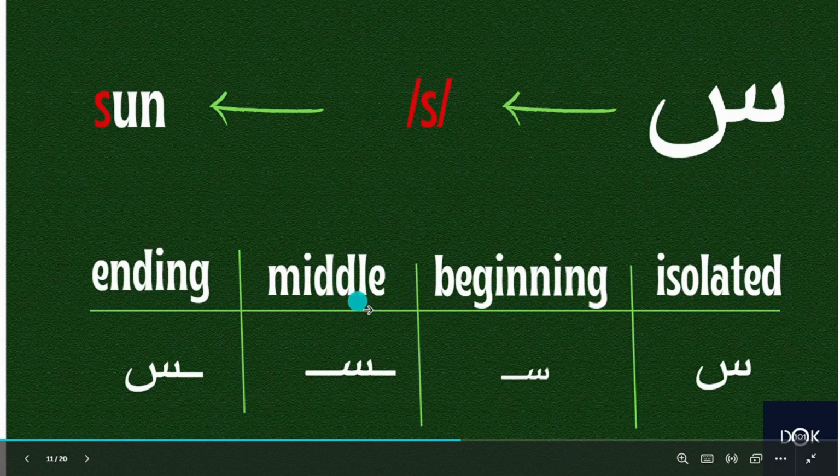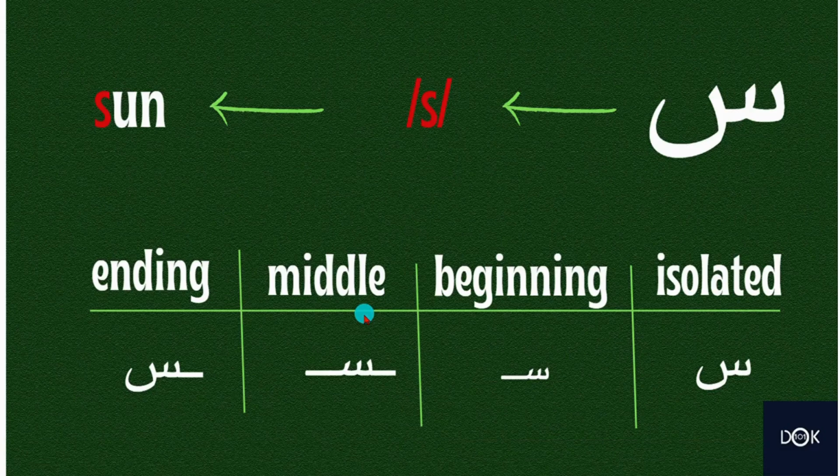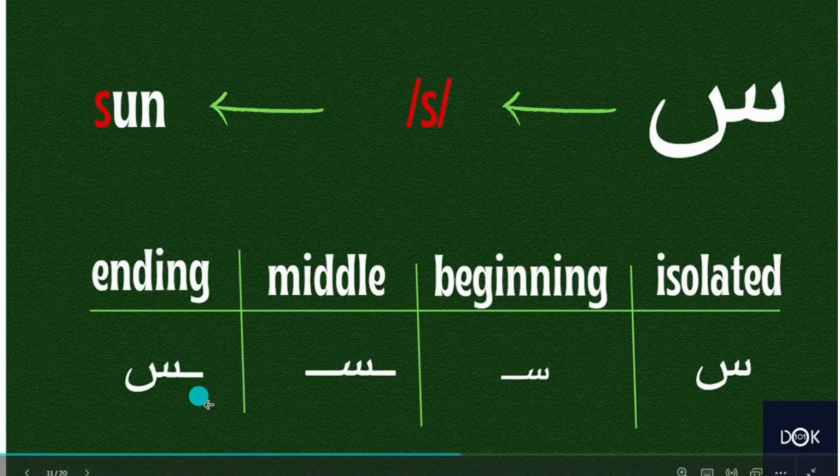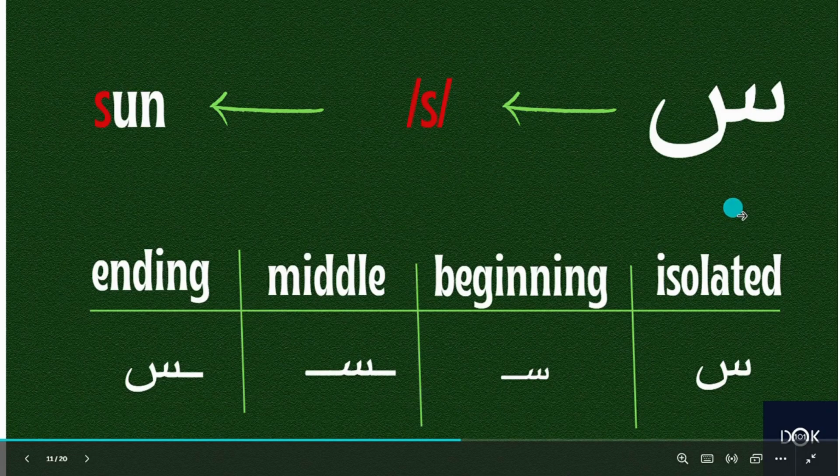And when it is in the middle of the word, it is connected to the letter before it as well as the letter after it. And at the end, it is the same like the rest of the letters. It could be connected to the letter before it, but it could also be in an isolated form sometimes. Let's have a look at the examples.